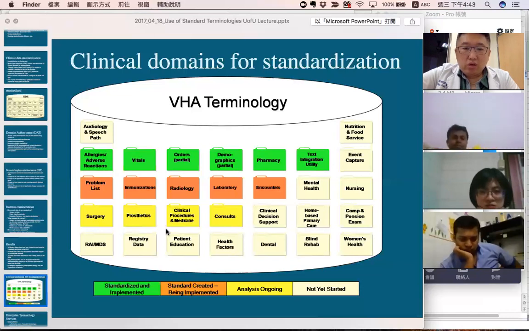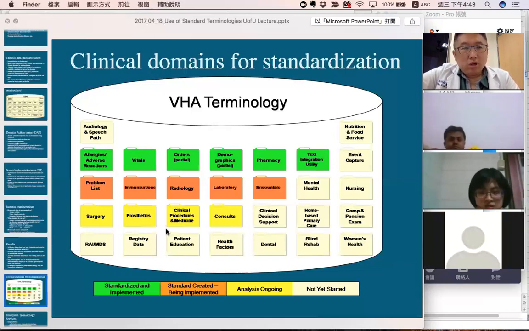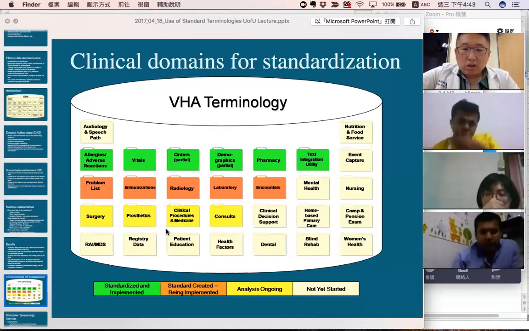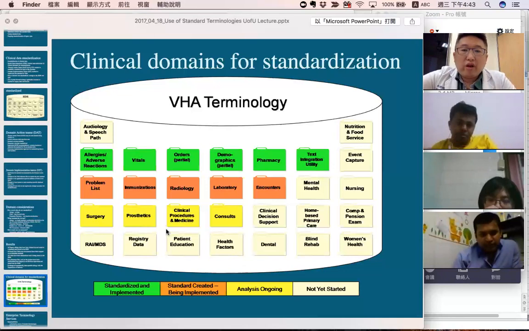If he is interested in some particular domain, like how to document the uremia patient's disability, or the spine patients in my department, how you document their pain score or their SF-36 score. Nobody knows how to do that. So if you can provide an example and evaluate it, that would become a good paper. So that's something worth doing.